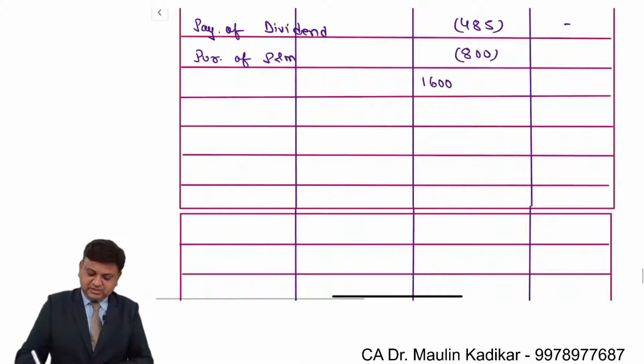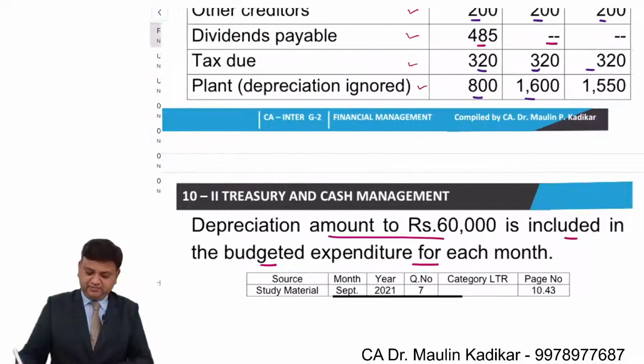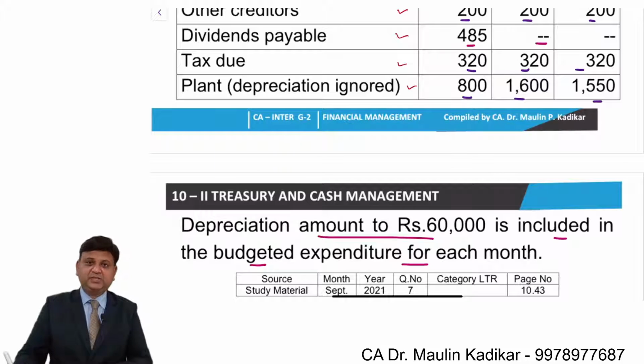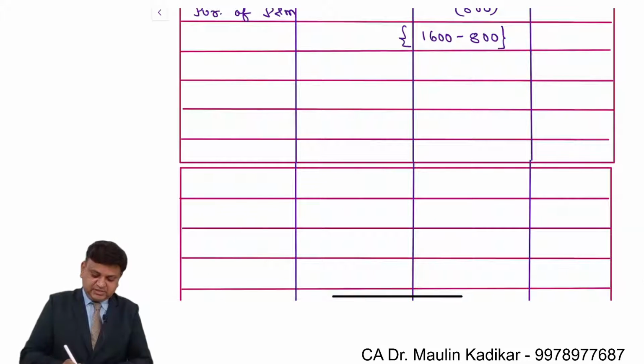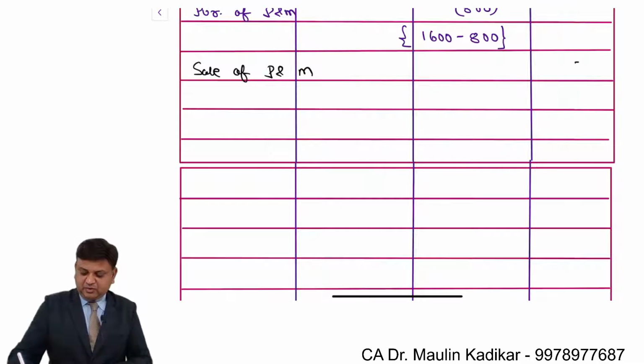That is 1,600 minus 800. Next, in the month of March, it is reducing to 1550. What does it mean? It means that there is sale of plant and machinery. It is an amount of 50. That is 1600 minus 1550.